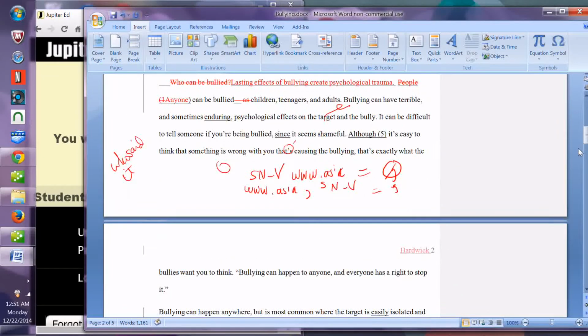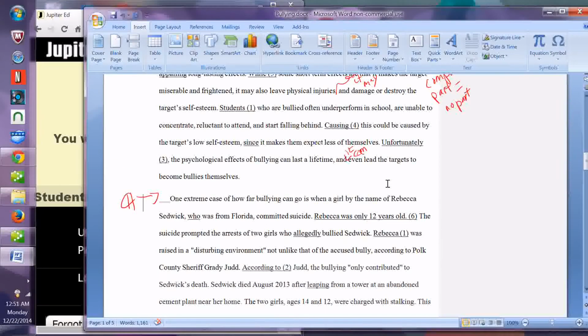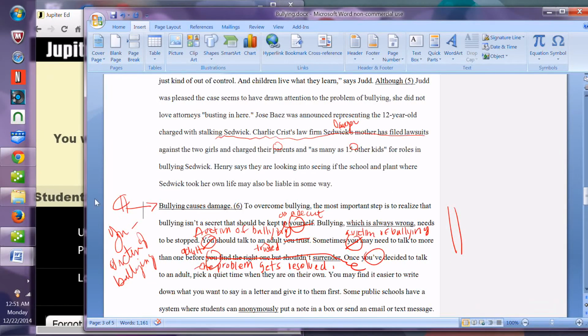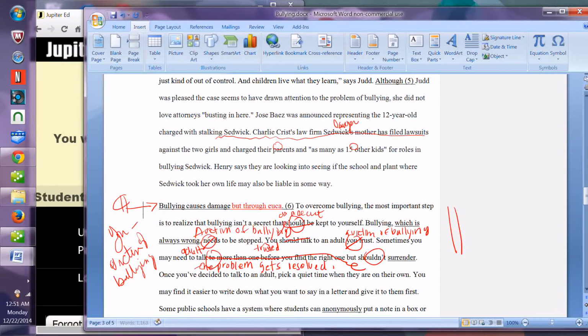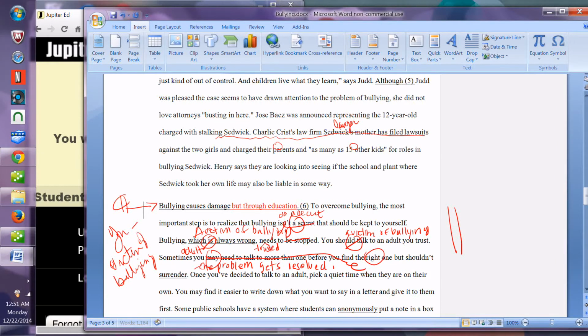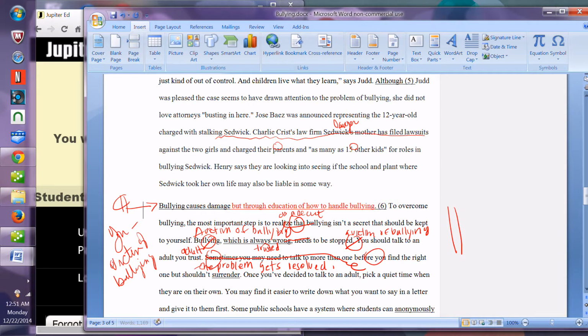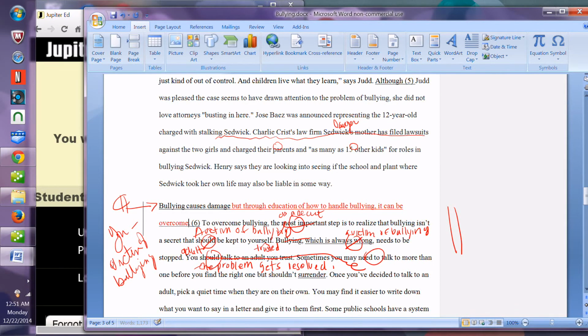And then our last thesis topic, it can be stopped through education. Bullying causes damage, but through education of how to handle bullying, it can be overcome.